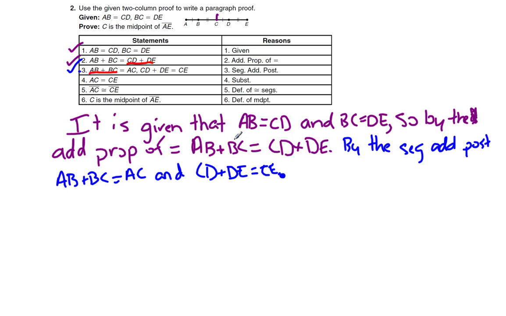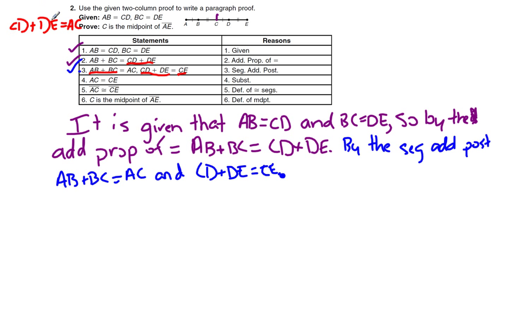Yeah, 3 touchdowns. So, okay, so CD plus DE is the same as AB plus BC. So we could put that CD plus DE equals AC by substituting. And we also have just the straight up fact that CD plus DE equals CE.